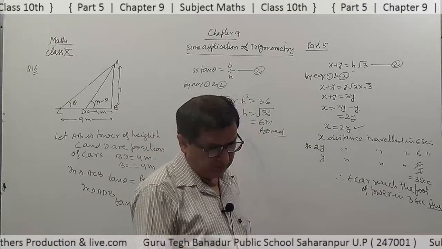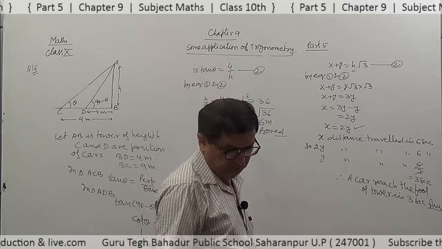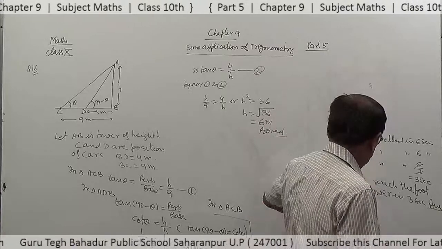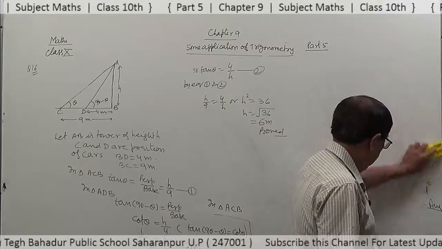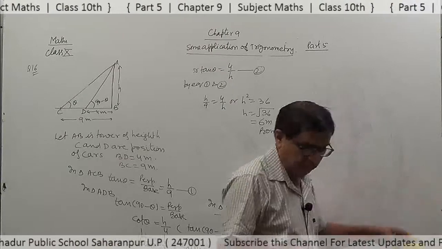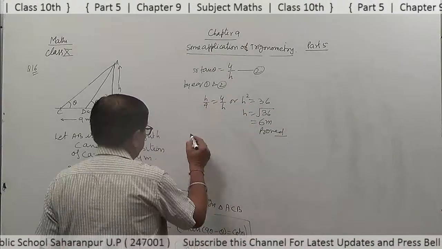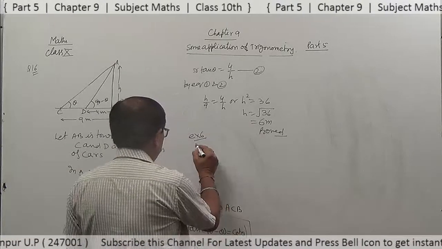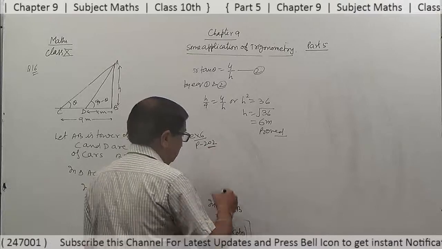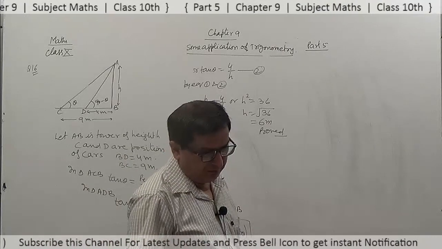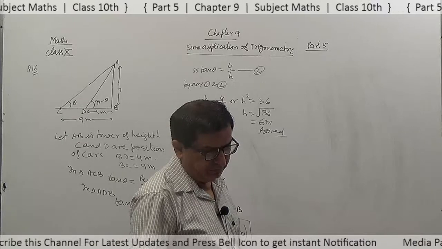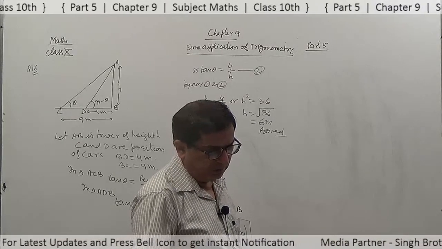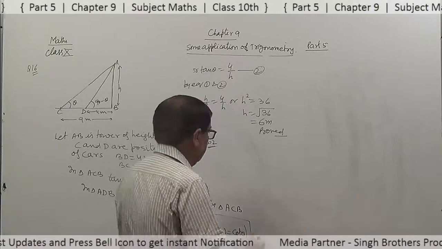See example 6, page number 202. The angles of depression of the top and bottom of an 8 meter tall building from the top of a multi-story building.